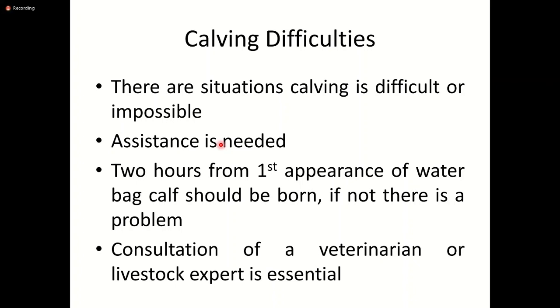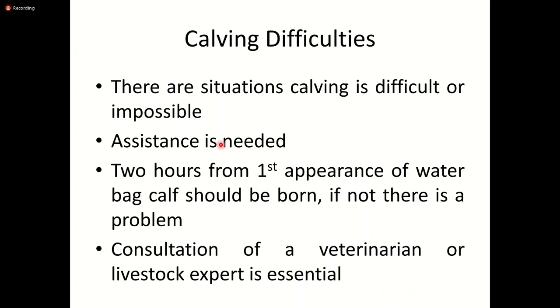Once we see the water bag through the vulva or vagina, within the next 1-2 hours the mother should give birth to the young one. If we do not see the young one being born even after 2 hours of seeing the water bag, it means there is a problem, right?